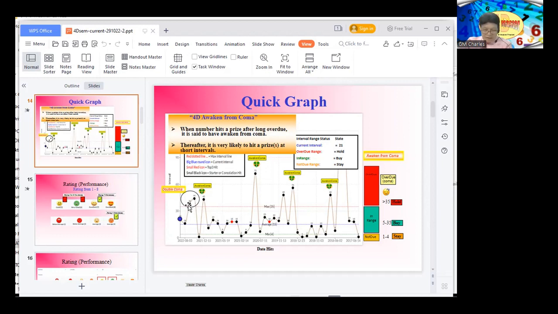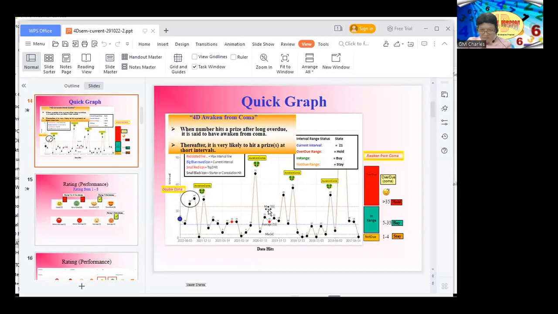So you see after the second coma, it hit a low interval already, which is again in range. This whole thing is in range right here. Now the big blue circle is representing the current interval. That means we don't know when it will hit, but we can safely say that it should hit before the maximum line.